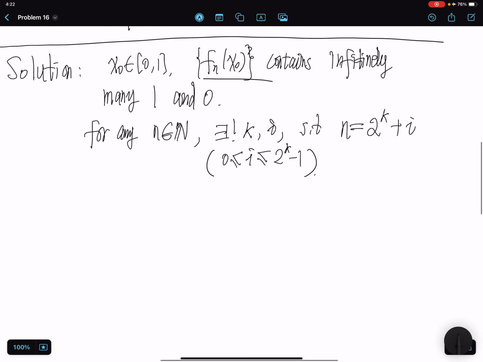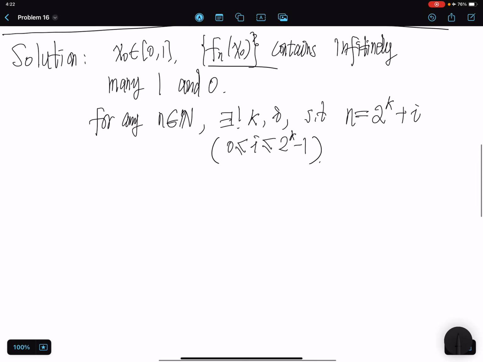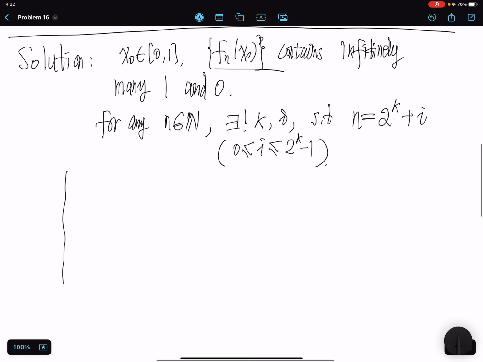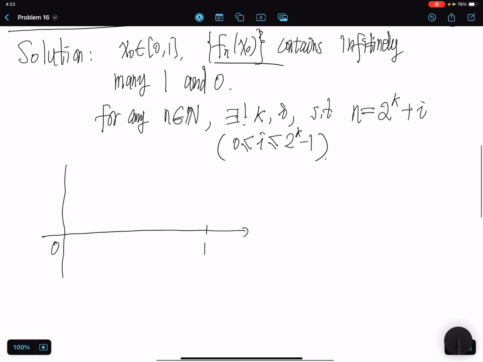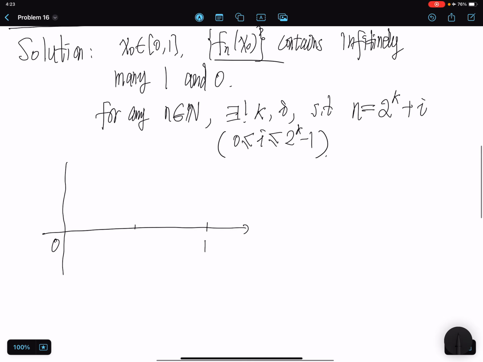So let's use this fact. For any given k, we can divide the interval from 0 to 1 into 2 to the k parts, so each part has length 1 over 2 to the k.